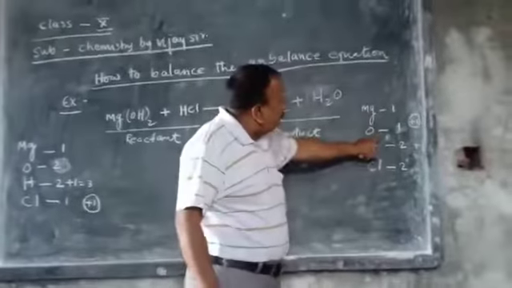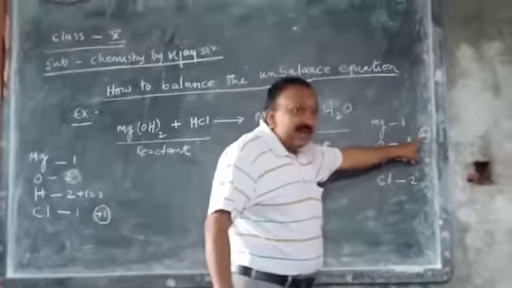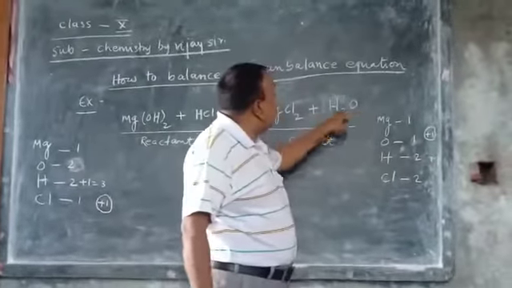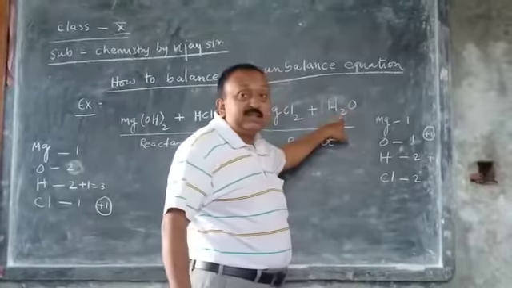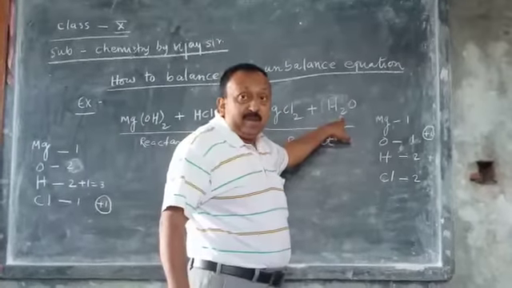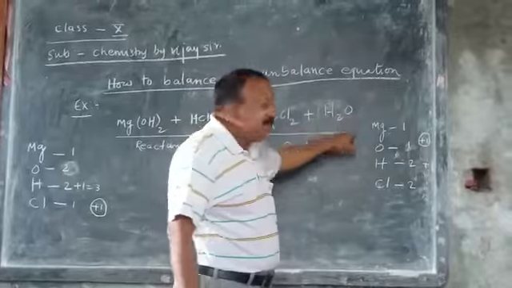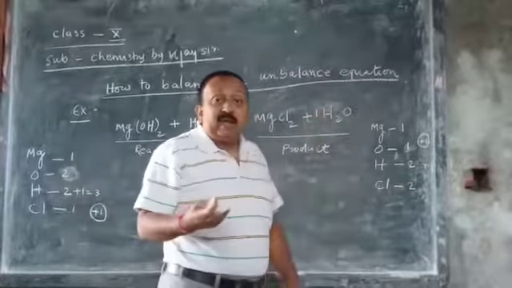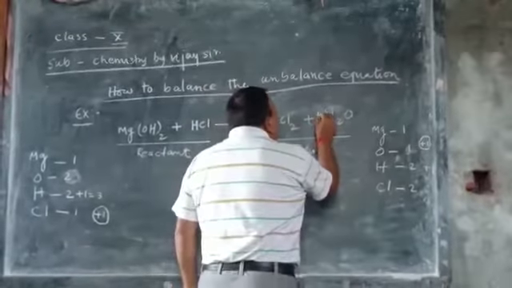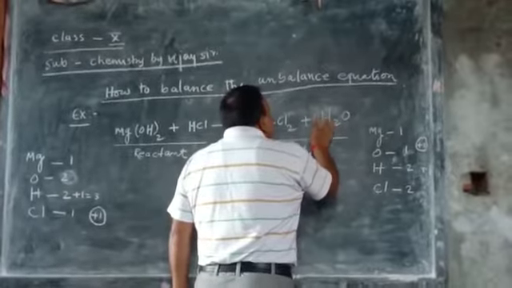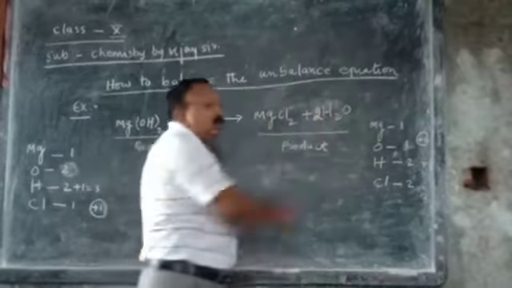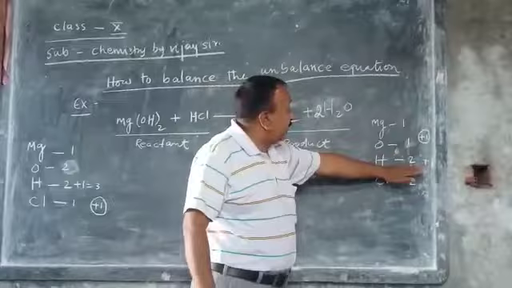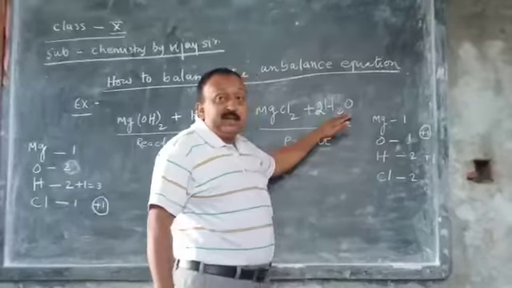Here 1 oxygen is added and 1 hydrogen is added, and hydrogen and oxygen are present in H2O. That means 1 is present and 1 is also added, so it becomes 2H2O.